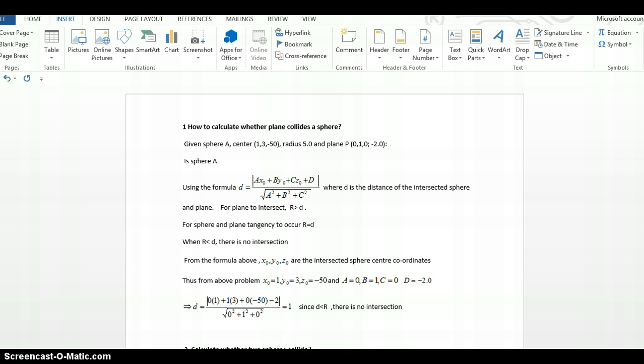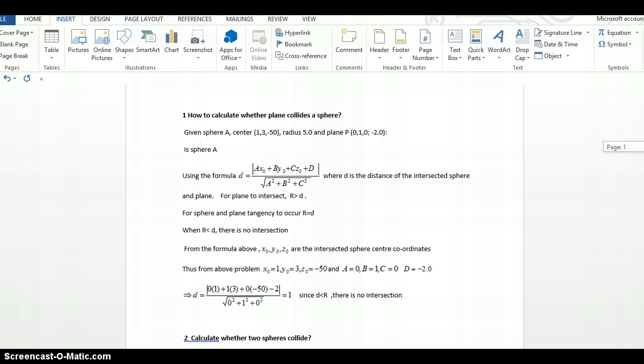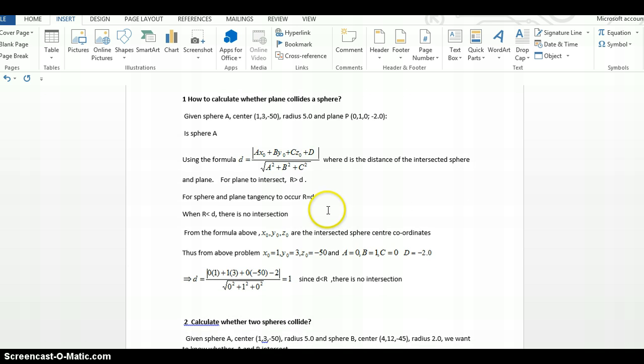So normally for a plane to collide with a sphere, the radius rho of the sphere must be greater than the distance d of the intersected plane and the sphere.